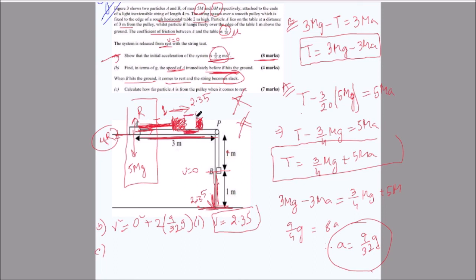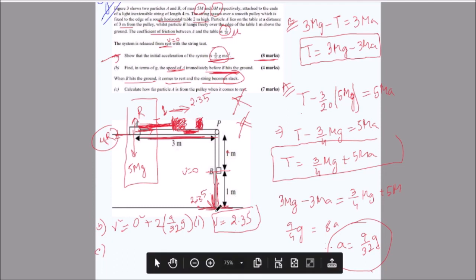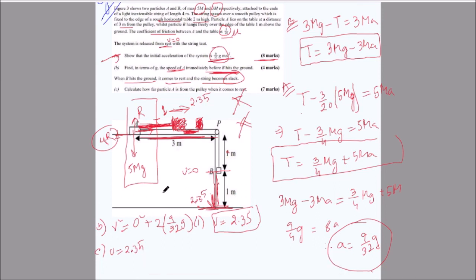So I am trying to find this distance covered by particle A. For this journey from this point to this point, U is 2.35, because B and A are always moving with the same speed and acceleration. A will start moving with this, then slow down and come to rest.